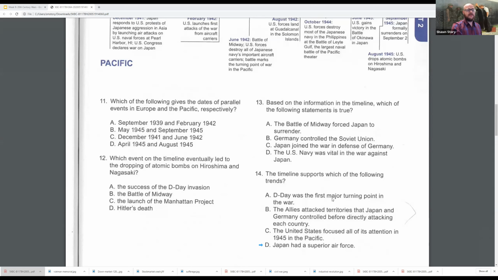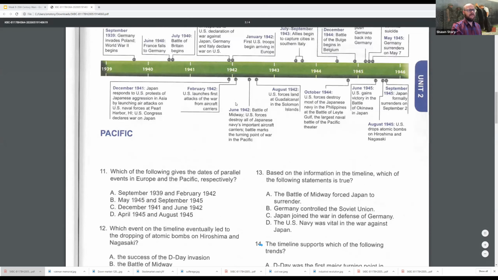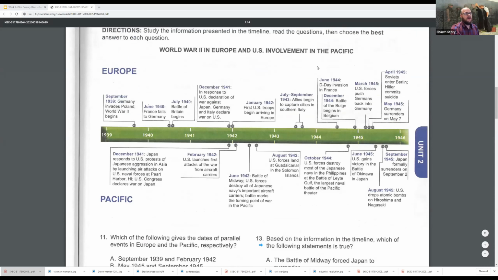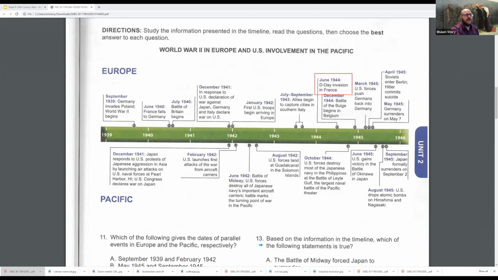So D-Day was the first major turning point in the war. Where was D-Day? I see it here at the top, June 1944, D-Day invasion in France. But then I read turning point here. The turning point of the war was in June 1942. Was D-Day the first major turning point?